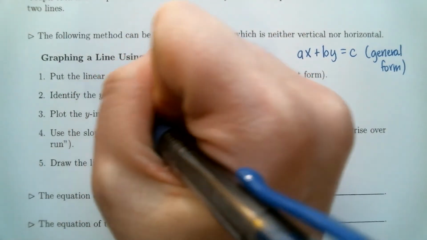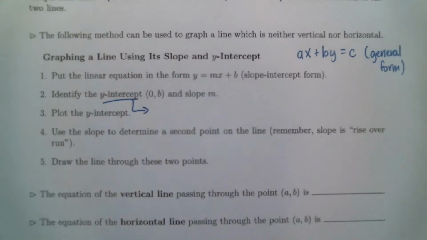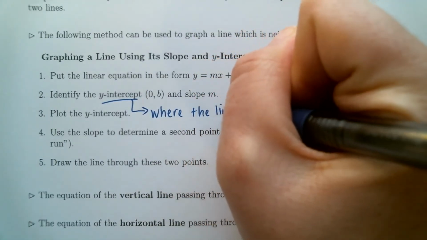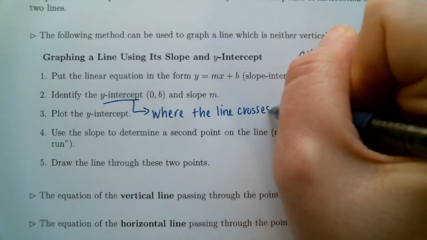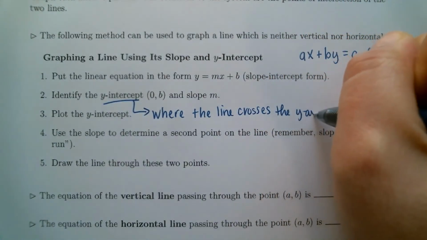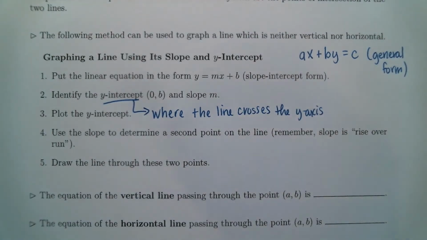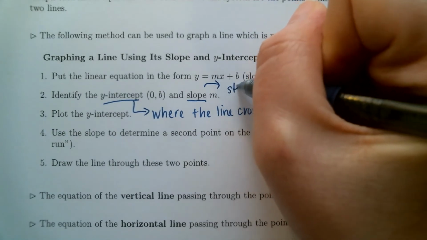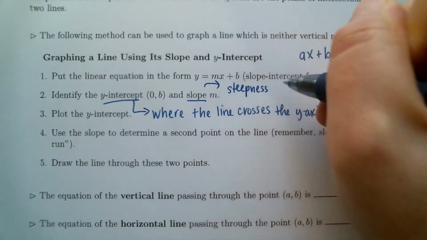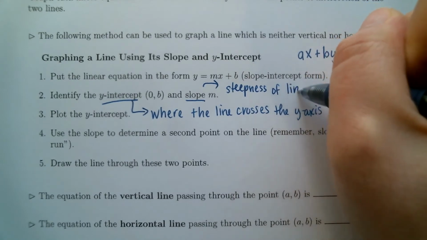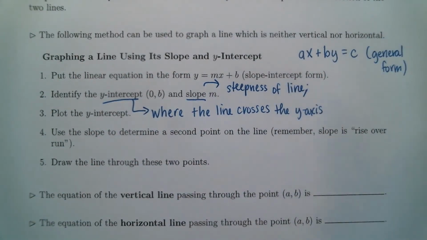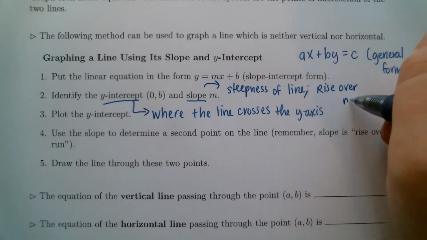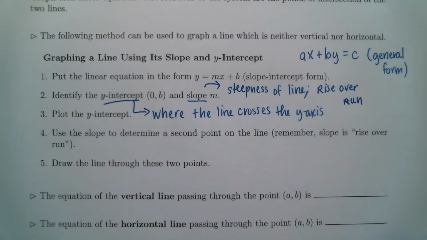Slope is the steepness of the line. You probably remember it as the rise over the run. So that's what you're aiming for.